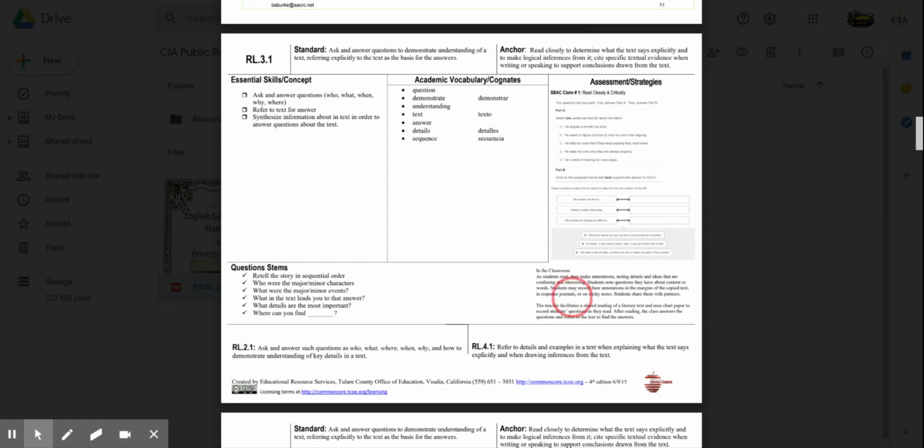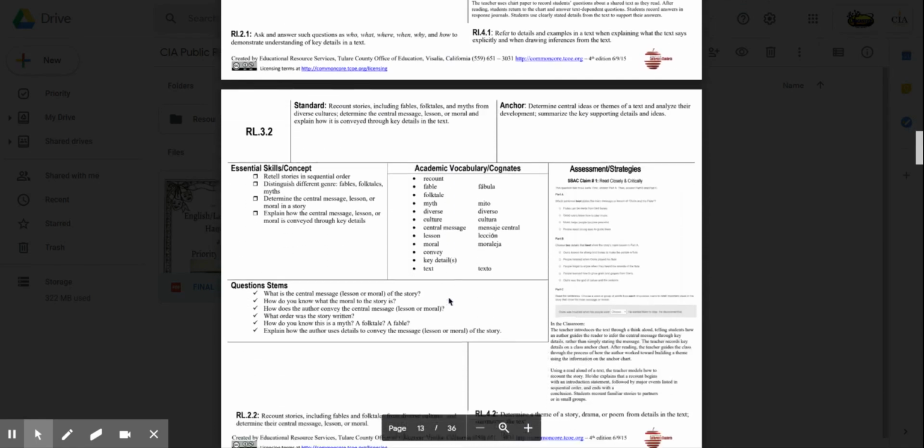And to wrap it up, we've also included the in the classroom application piece. By no means is the in the classroom application required by teachers, but it's simply a way for teachers to understand what instruction around this standard may look like in the classroom with students. So that's pretty valuable. We're hoping that it helps clarify what the standard is asking our students to do.